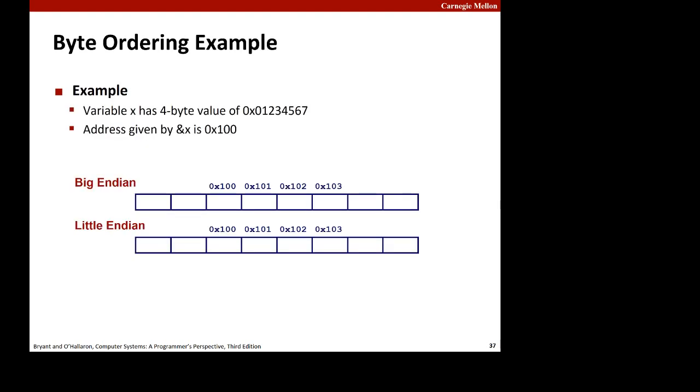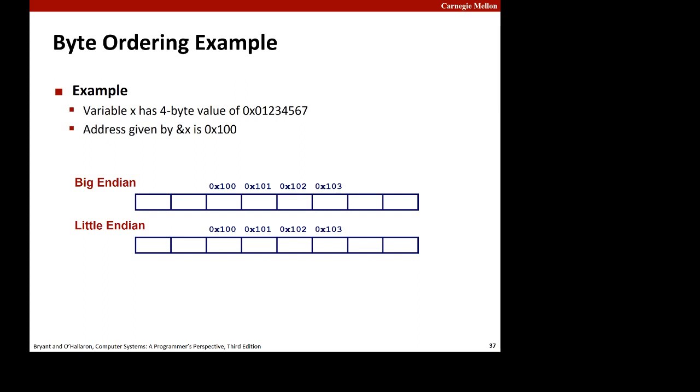So what do I mean by this? Again, assume we had a 4-byte value that we wrote in hex. When we write it, of course, like up above, we put the most significant byte on the left and the least significant byte on the right.